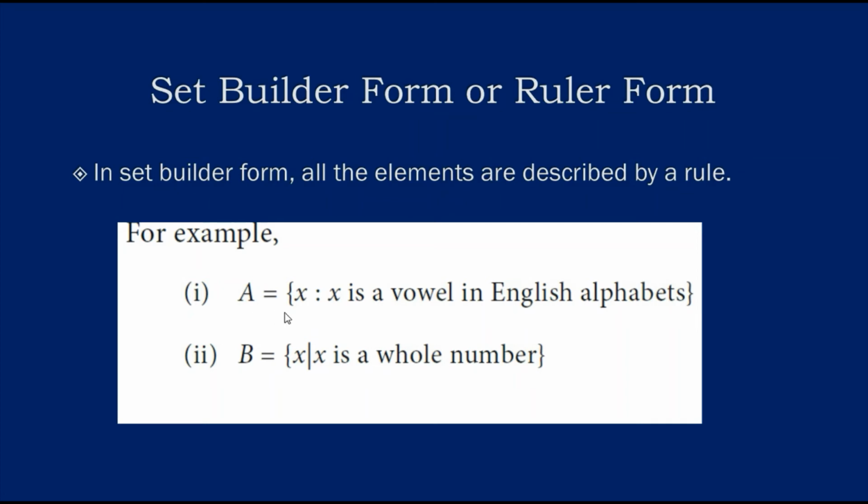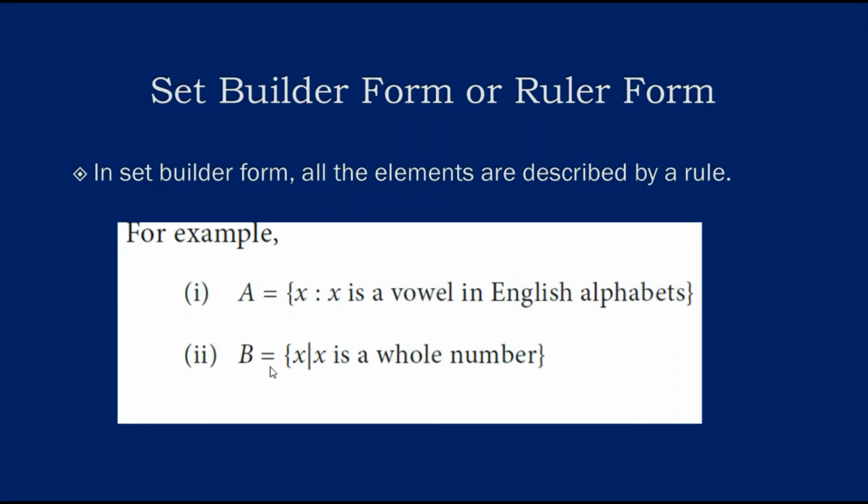Here A is equal to {x such that}. This symbol denotes such that. This symbol also denotes such that. We should remember this. x is such that x is a vowel in English alphabets. From this we can understand that x is one of the elements in English alphabets.